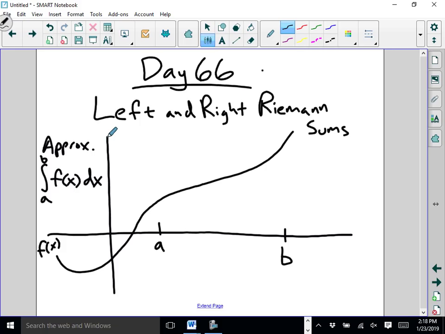So here's my approximation. I want to approximate the integral from a to b of f of x dx, and here's what I'm going to say. I'm going to say approximate this using n equals 4 rectangles with a left Riemann sum.